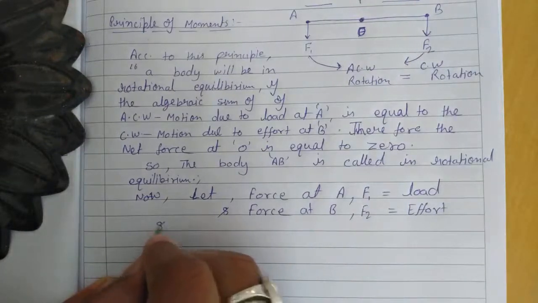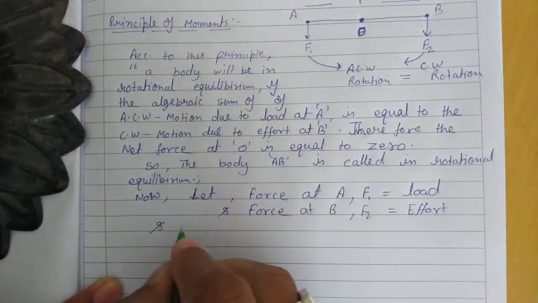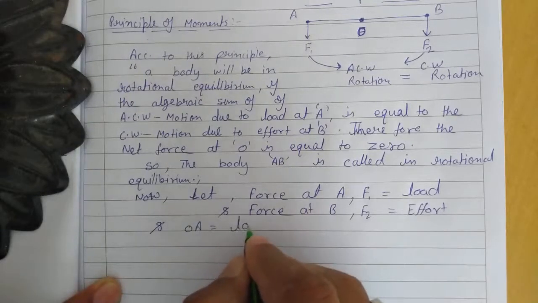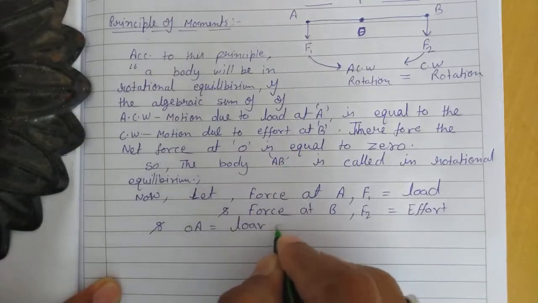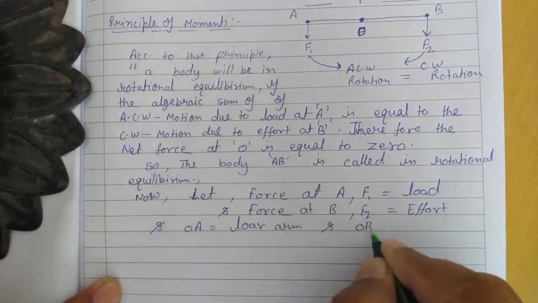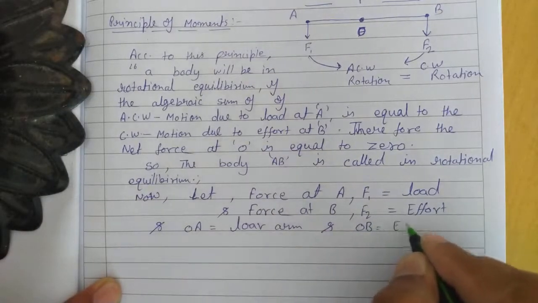And the distance OA is called load arm and OB is called effort arm.